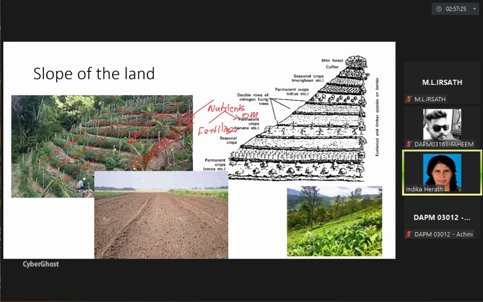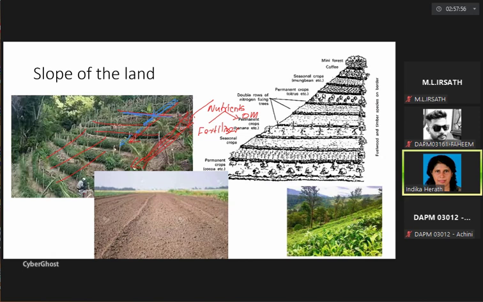But when we have planting in this direction, we can block the water. Let's suppose water moves like this. Because of this line of plants, it will stop, and gradually the amount will reduce. Finally, there will be a lesser amount of water moving downwards.